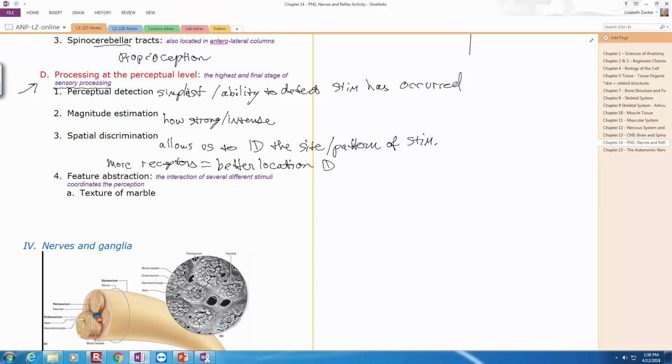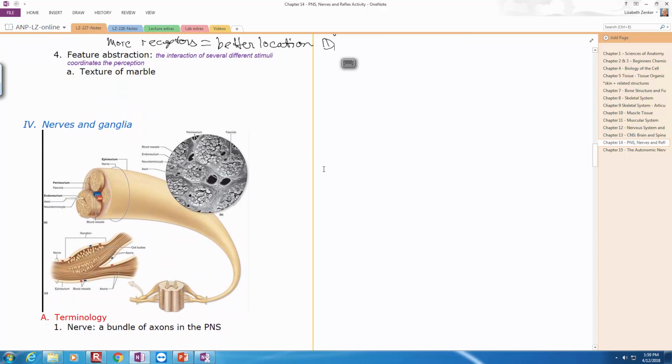All right, now what do I want to tell you? Processing at the perceptual level, we did all of that. Ooh, feature abstraction. This is kind of a weird one. Feature abstraction is the interaction of several different stimuli that coordinates the perception. So we don't have a texture receptor.